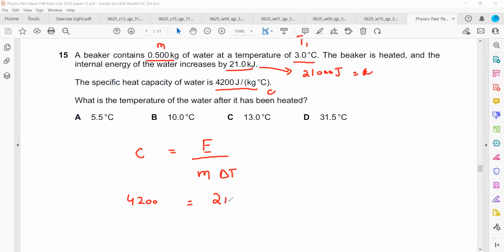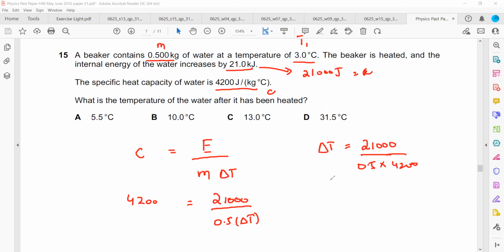So this is 21,000 joules, divided by mass, which is 0.5, times temperature change, delta T. If I need delta T, because delta T is in the denominator on one side, it will come to the numerator on the other side, and the 4200 which is in the numerator will go to the denominator.